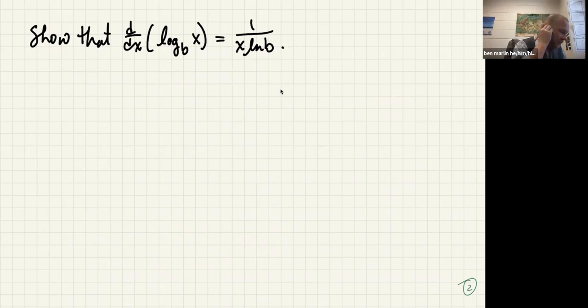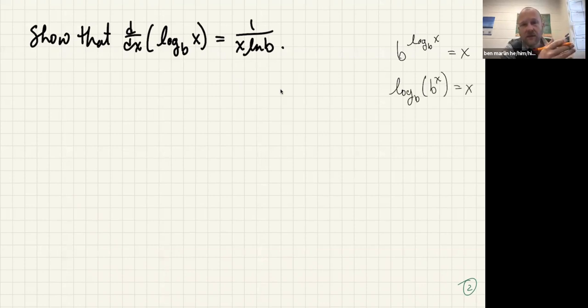So you might think that the natural thing for us to do here is to say something about b to the log base b of x is equal to x, or that the log base b of b to the x is x, because again, those are inverse functions of each other. And that's the way we accomplished this with the other one. But it's actually going to be more convenient here for us to notice this.